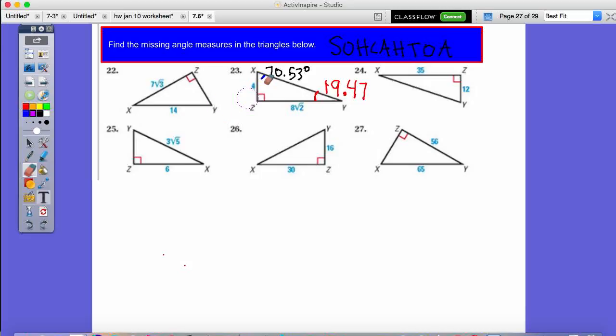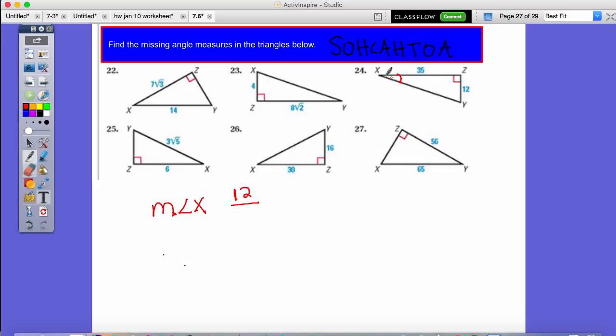Problem 24, again, has no hypotenuse. It has angle x and angle y, and it has just the legs. I'm going to find the measure of angle x first. Since I have no hypotenuse, I'm using the tangent ratio. The leg opposite angle x is 12.